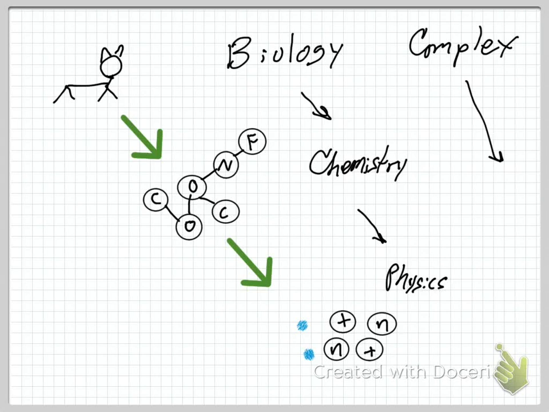But really what we're going from is from complex behaviors to the most basic behaviors of the universe. And that's what physics is. Physics is just looking at how the universe behaves in the most basic ways when you look beyond all the complexity that you encounter in your daily life.